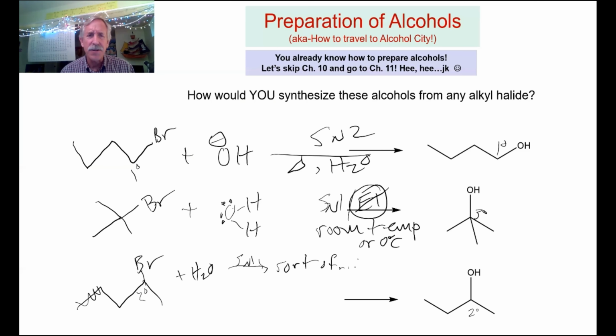I don't get very much product because it's on a secondary. It's not the most favored carbocation. So I hope that one's the one you used, because if you wrote OH minus, as soon as you use this strong base on a secondary carbon, this immediately forms the E2 product. And so it's bad news.